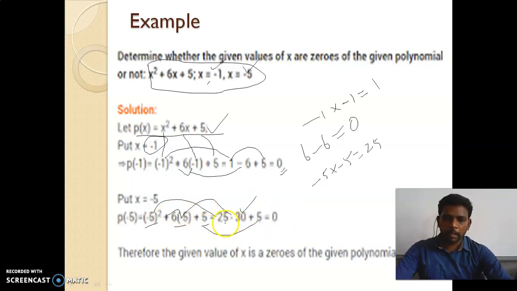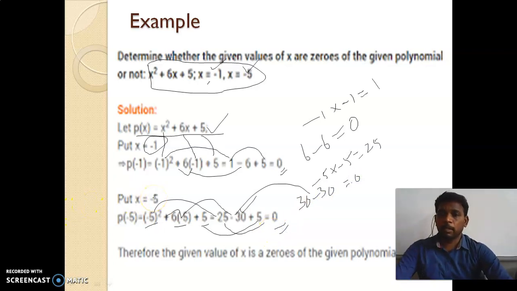Simplify: 25 plus 5 is 30, minus 30 equals 0. The value is 0, therefore minus 5 is also a zero of the given polynomial.